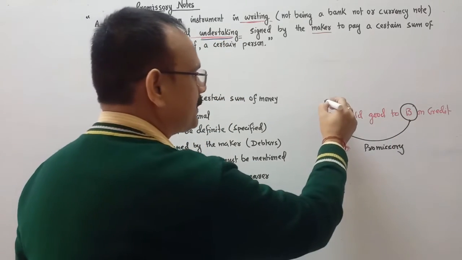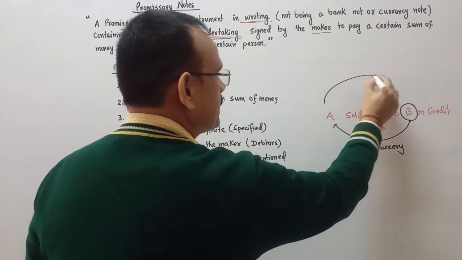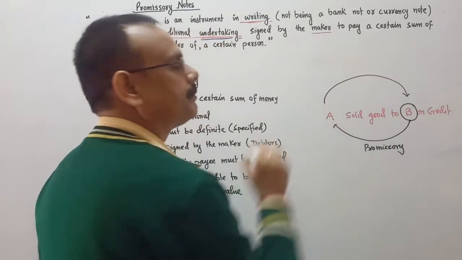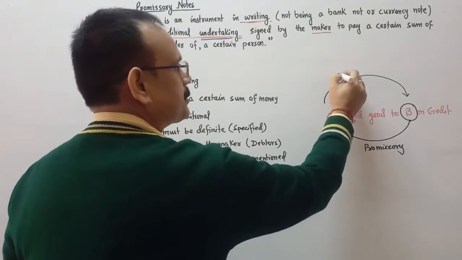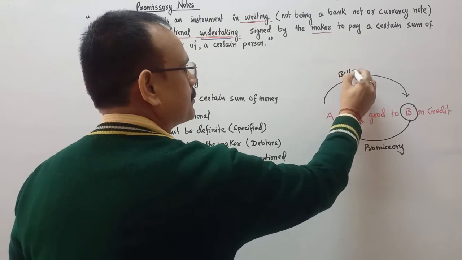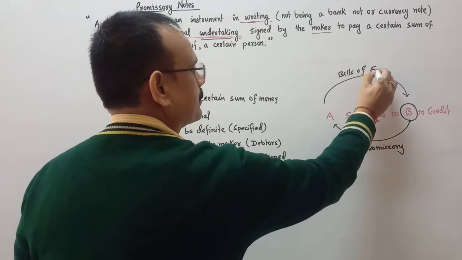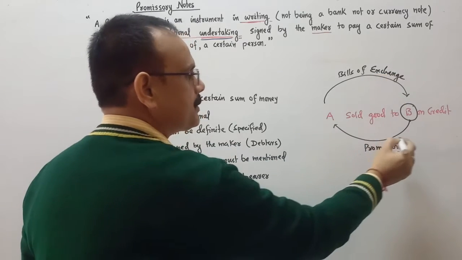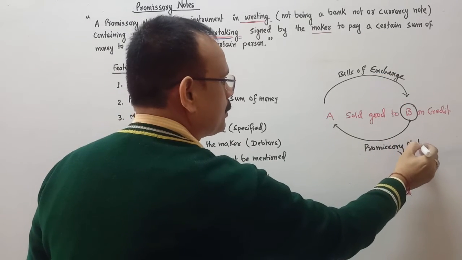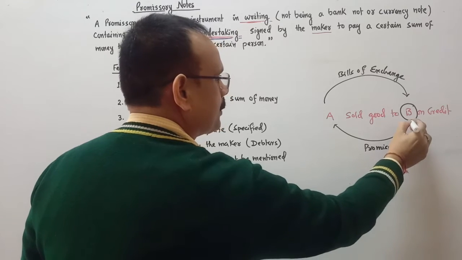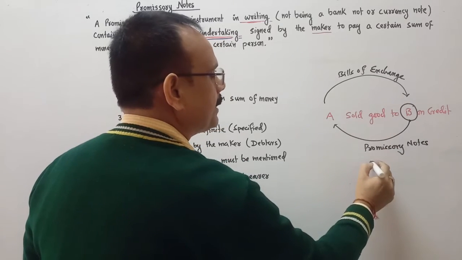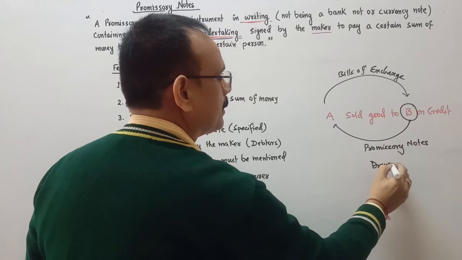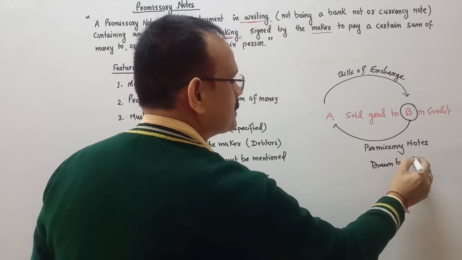You know the bill of exchange is drawn by the seller on the purchaser. But here the promissory note is drawn by B. Who is B?